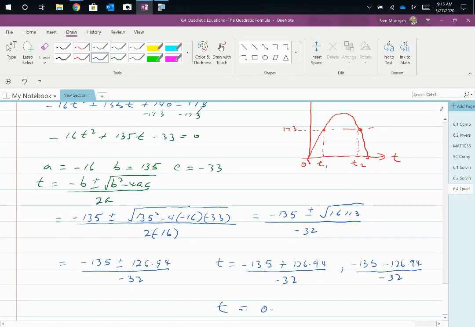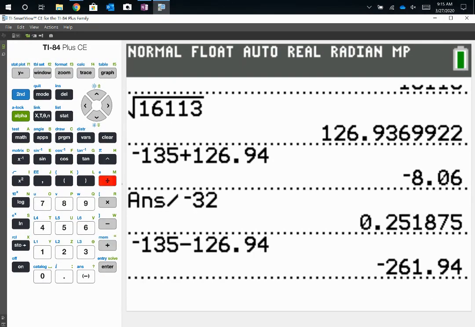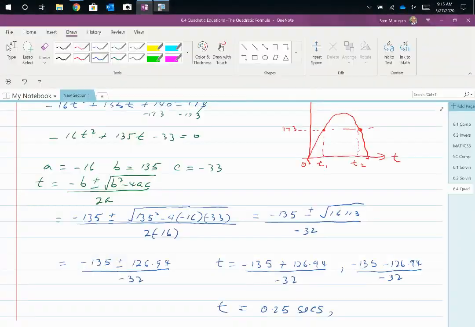So 0.25 seconds. And then we're going to take the second answer, negative 135 minus 126.94. Don't divide right away. Get that, then divide by negative 32 to give 8.19 seconds to 2 decimal places.